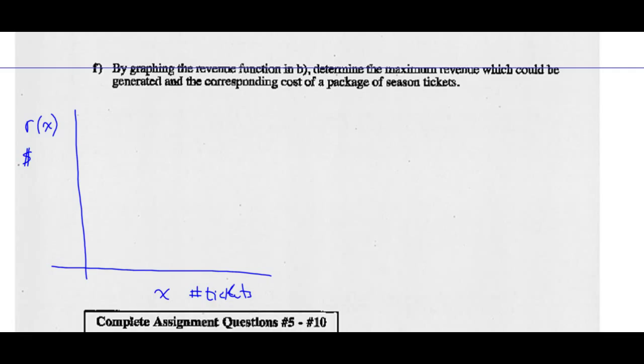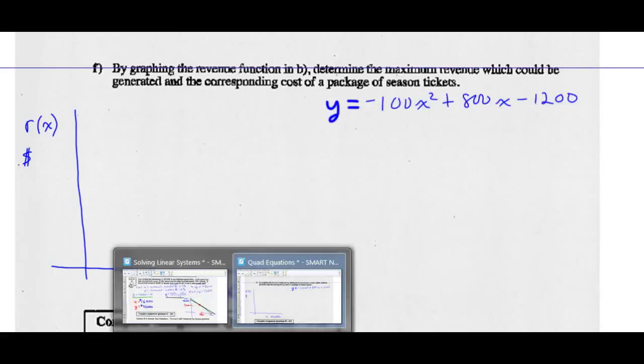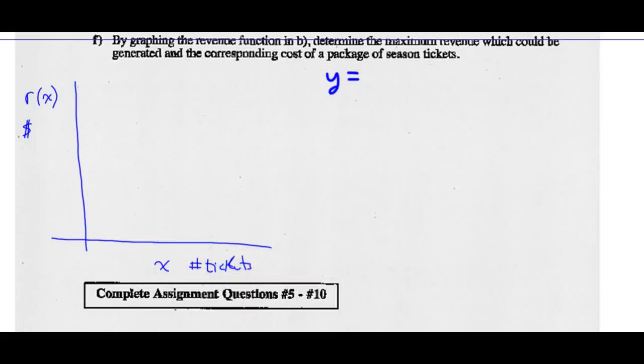So let's go to our graphing calculator, right? All right, so what we want to graph is our original revenue equation here. So y equals negative 100x squared plus 800x plus 100,800.